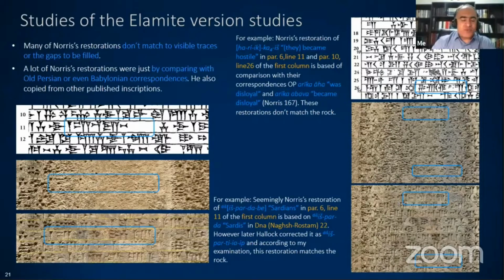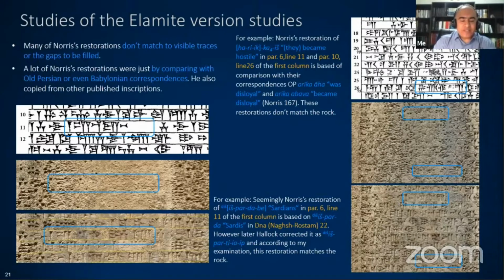Meanwhile, for some others, he just copied from the other Elamite texts from Persepolis and Naqsh-e Rostam, which Westergaard and Lassen had published before. I can refer to the names of the subjected nations in paragraph 6, which he had restored.